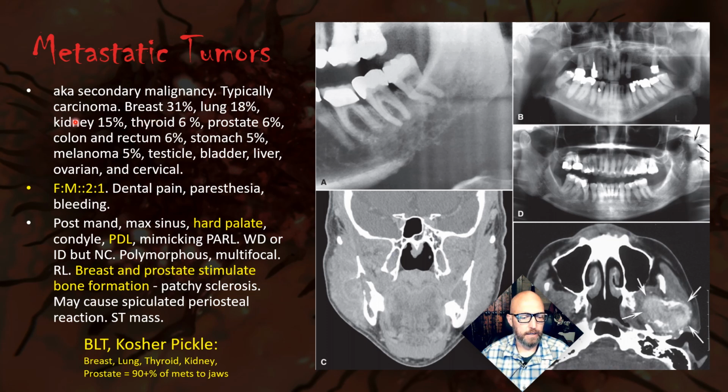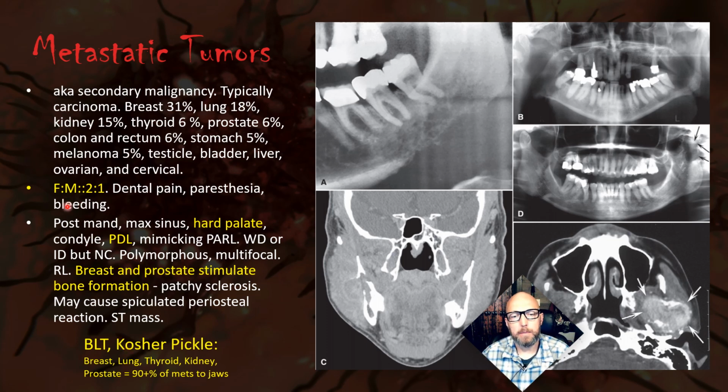Thyroid, kidney, actually higher, and prostate. I think that's our BLT kosher pickle. And that covers about 90% or more of the metastases to the jaw. If you want to go on, you can remember rectum and stomach, melanoma. But that pretty much covers the big ones, the more common ones that tend to metastasize to the jaws.